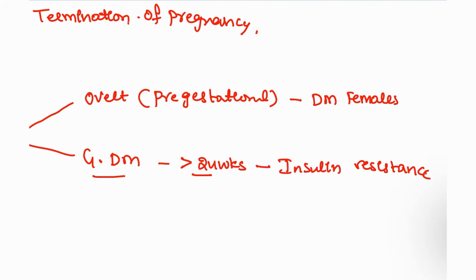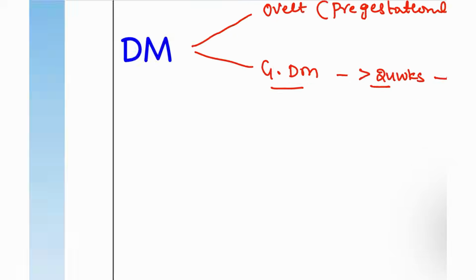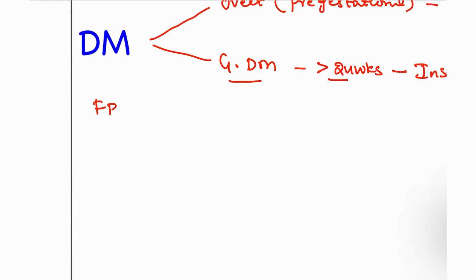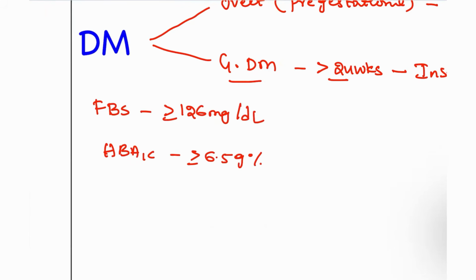Next, what is the criteria that we are going to follow for this patient? For the overt diabetes mellitus, the fasting blood sugar should be more than 126 milligrams per dl, and HbA1c should be more than 6.5. Okay, so this is for the overt diabetes mellitus. We are going to consider this criteria, right?